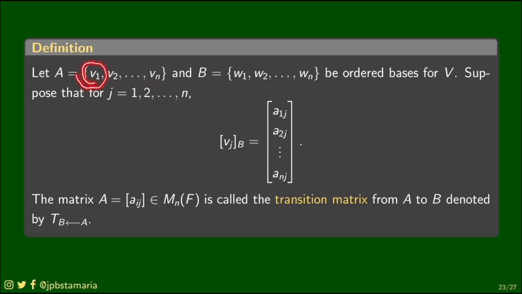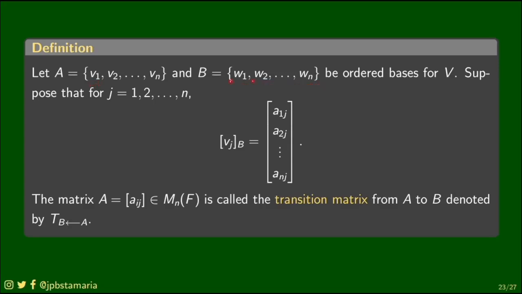What we want to do is write each one of these old vectors as a linear combination of the new ones, because we're transitioning from the old to the new, transforming coordinates from one to the other. So for V1, you will be able to write V1 as a combination of the new vectors.